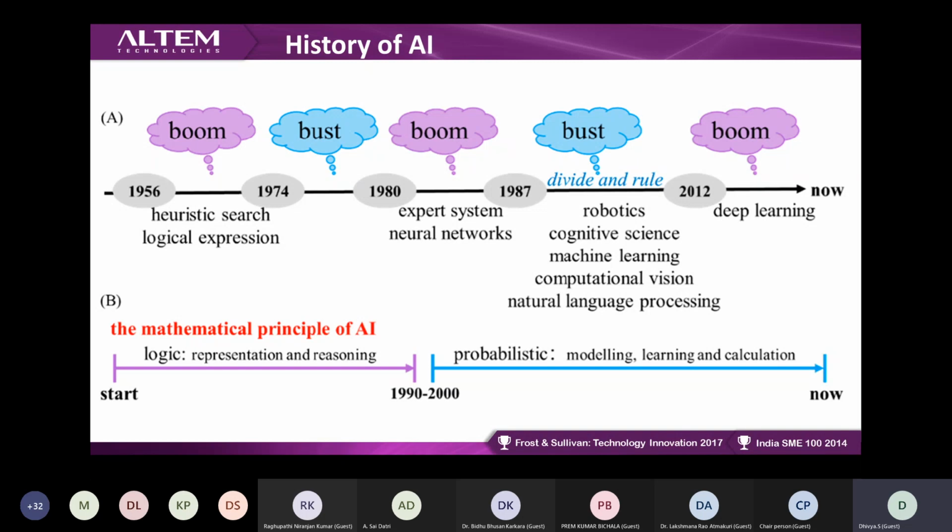It actually started using heuristics as well as logical expression based analysis with the help of mathematical principles in 1956. As the days moved on, there were booms and busts, and at the end of 1987, expert systems and neural networks arrived, and then they moved to probabilistic approaches and understanding learning, and then robotics was introduced along with cognitive science, machine learning, NLP.